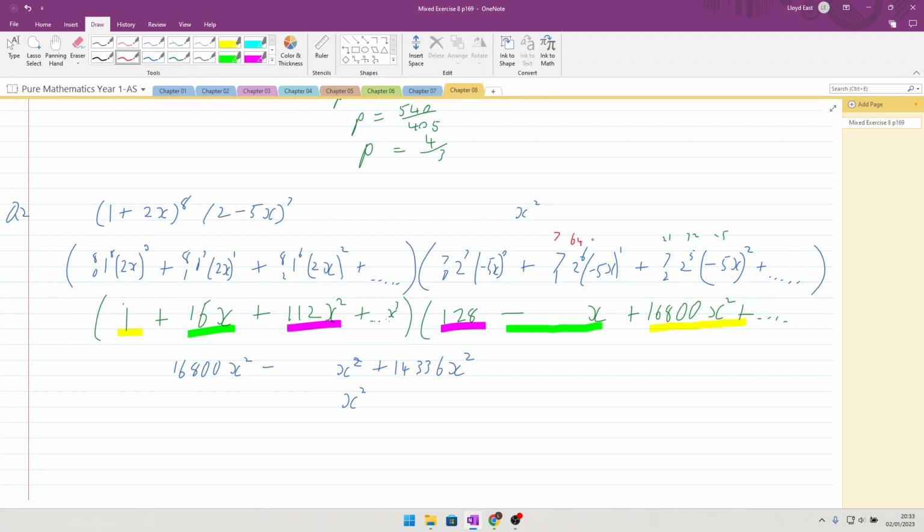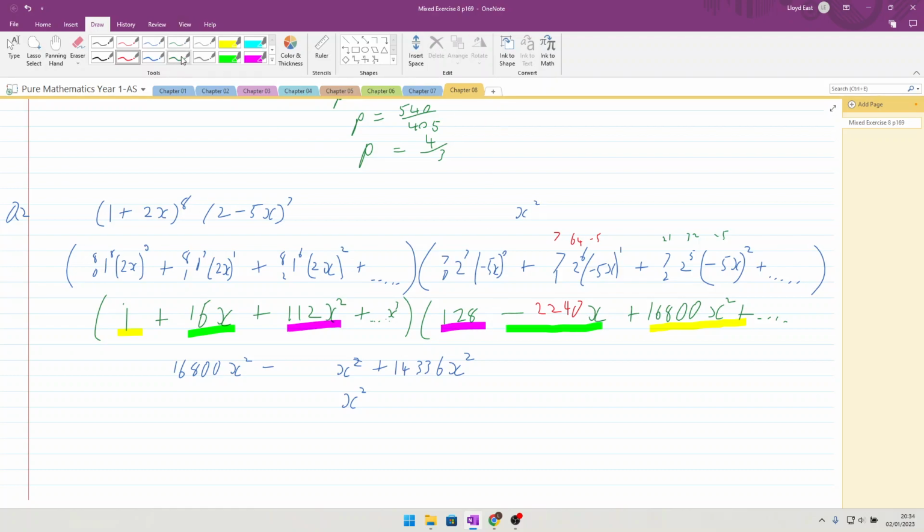But I didn't multiply by the minus 5, which gives us 2240. Now we need to multiply that by the 16, times the 16 gives us 35840.